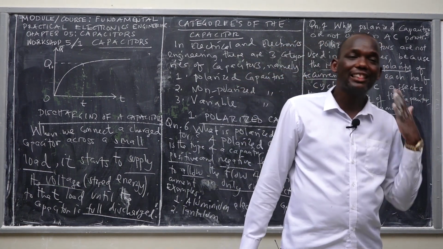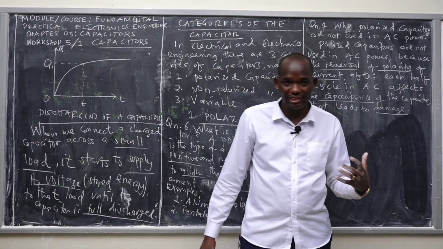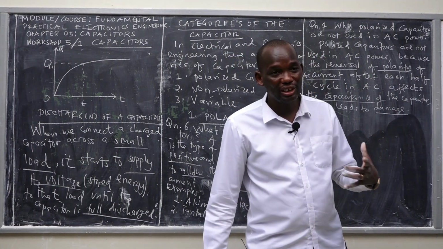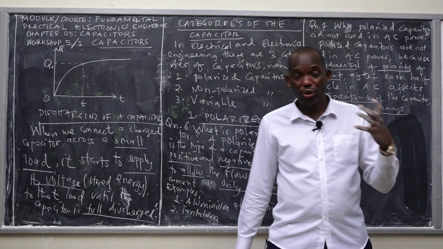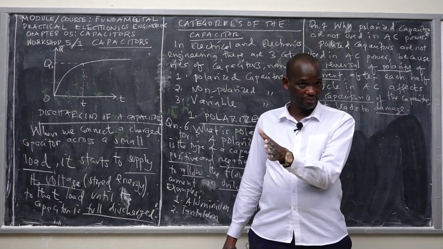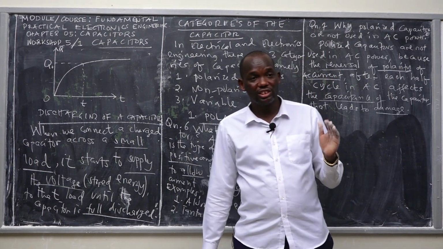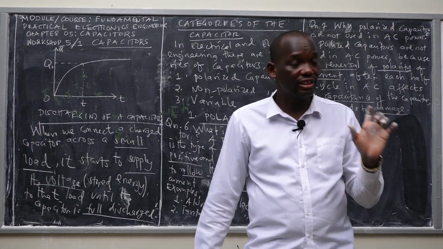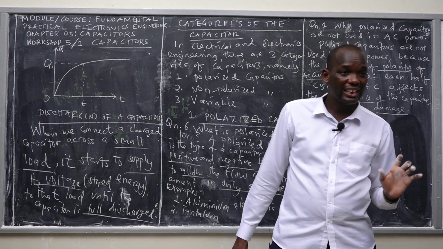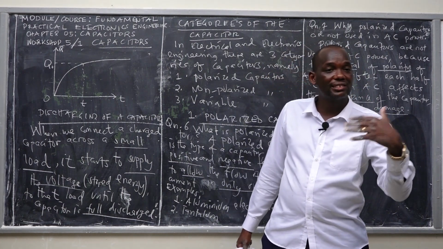But in other words, we can define capacitance as the ability of a capacitor to store charge, or capacitance is the measure. Why is it a measure? For instance, we had a capacitor whose capacitance is 470 microfarad. So that 470 microfarad is a measure of how much charge that capacitor can store.